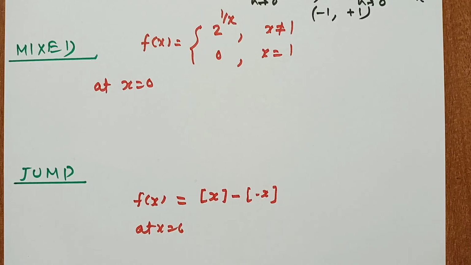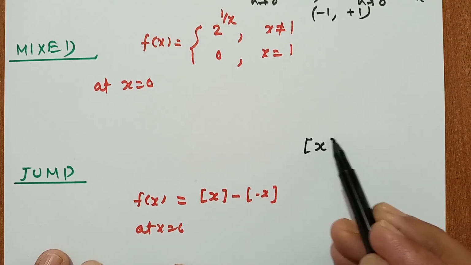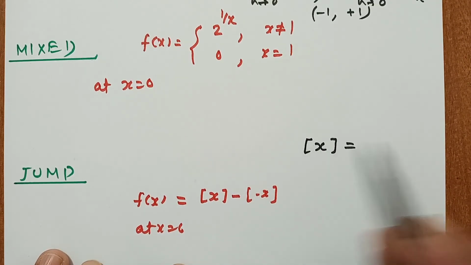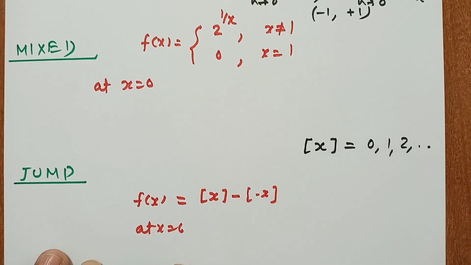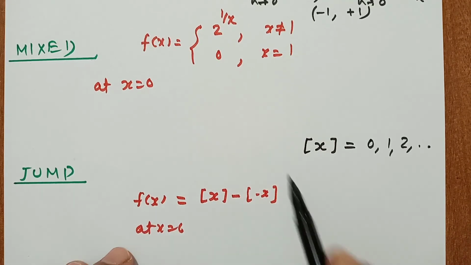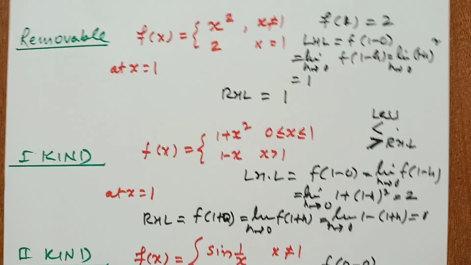In the case of jump, this type of function f(x) accepts only integer values, like 0, 1, 2. Okay, so this is jump discontinuity. So these are the types of discontinuous functions.